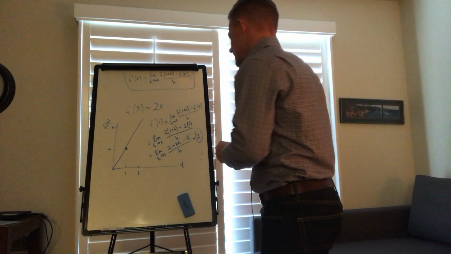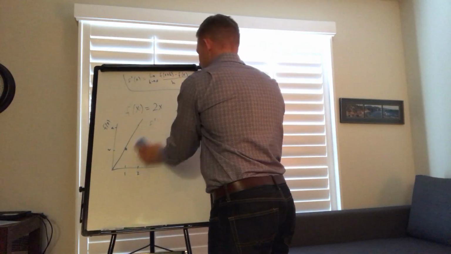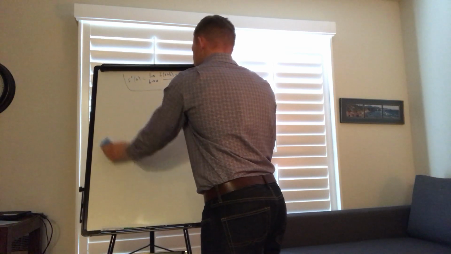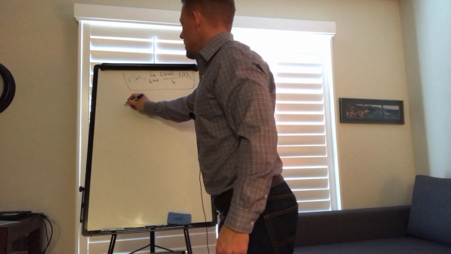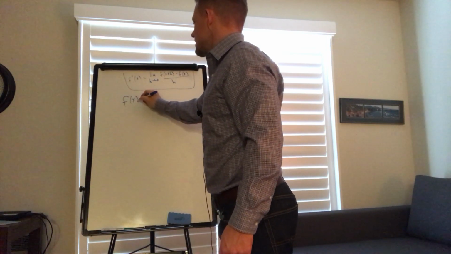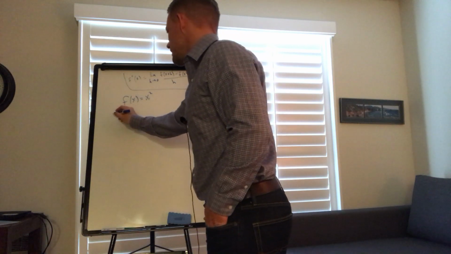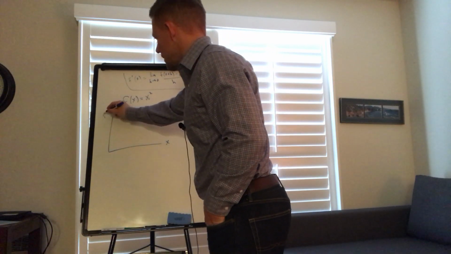All right, let's do one other example. Let's pretend that our function now is, let's say f of x equals x squared. All right, let's draw that again. That's x, that's f of x.